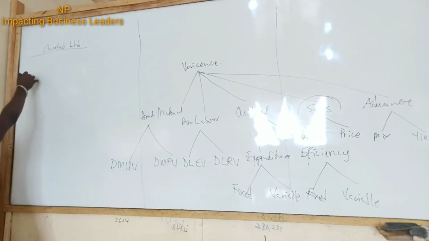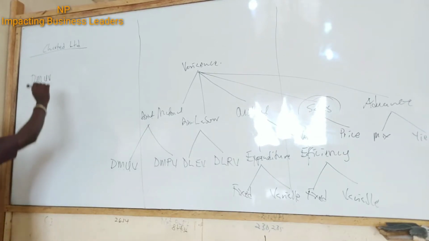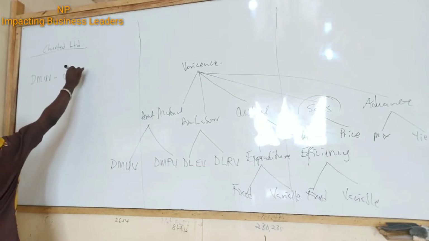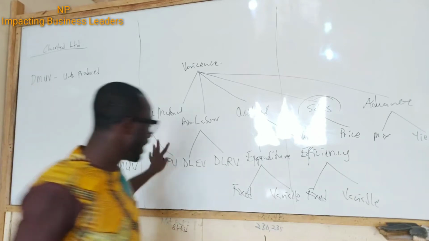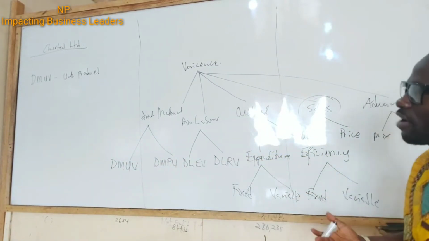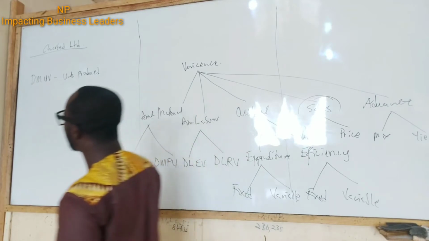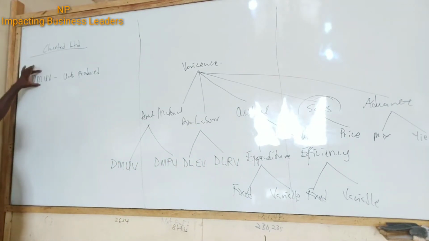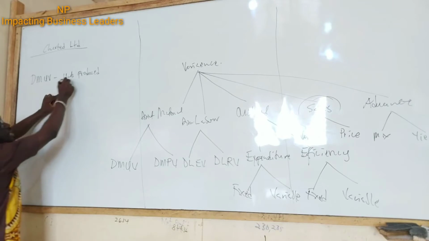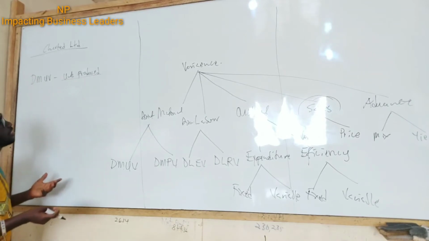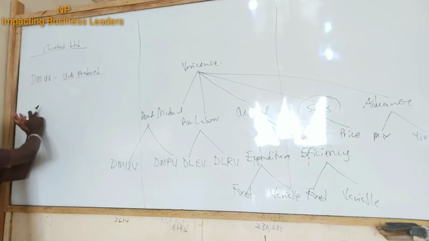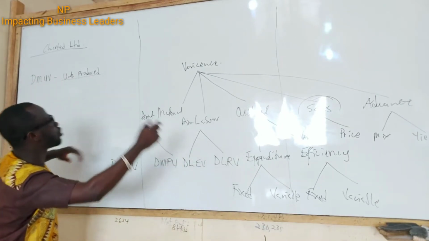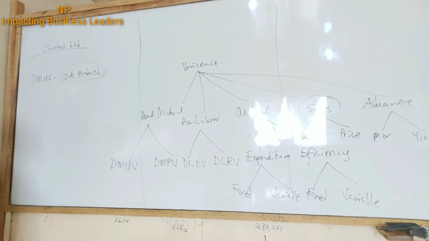Number 1, direct material usage variance is calculated based on the units produced. This is very important. I'm not going to be using any formula here because in variances there are formulas, but I'm not going to be using any formulas here. So your direct material usage variance is based on the units produced, which simply means that we are going to be looking at the difference between the material we should have used and the material we actually used based on the units that we have produced.